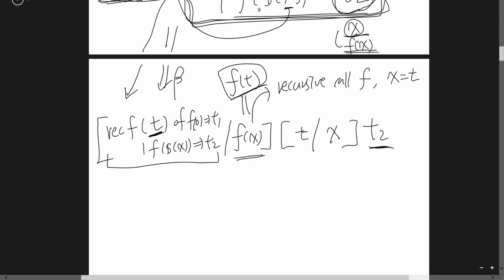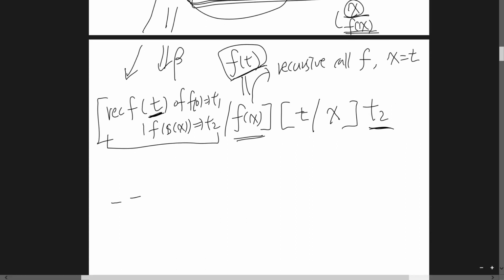And eta expansion is also similar to the previous case. But how do we expand it? Well, we introduce a dummy recursive function. If this is f of 0, we return 0.